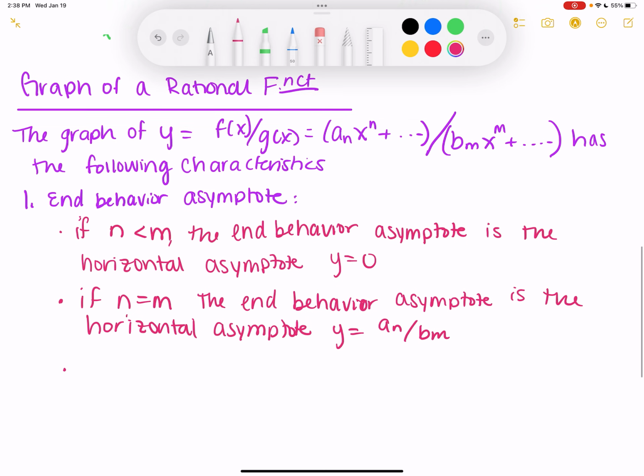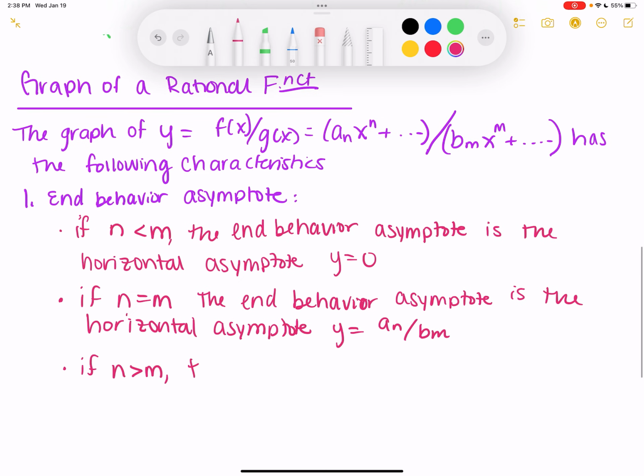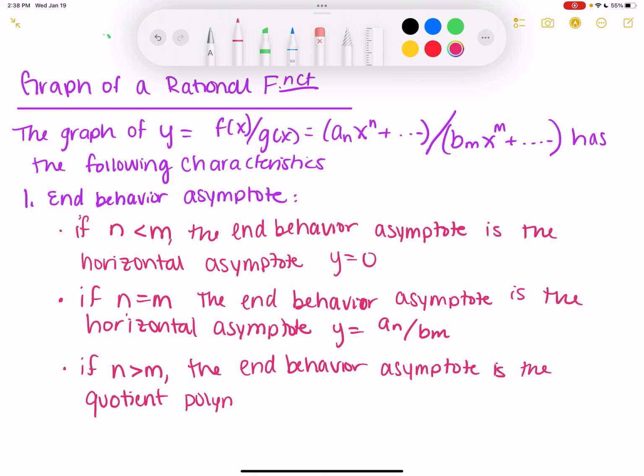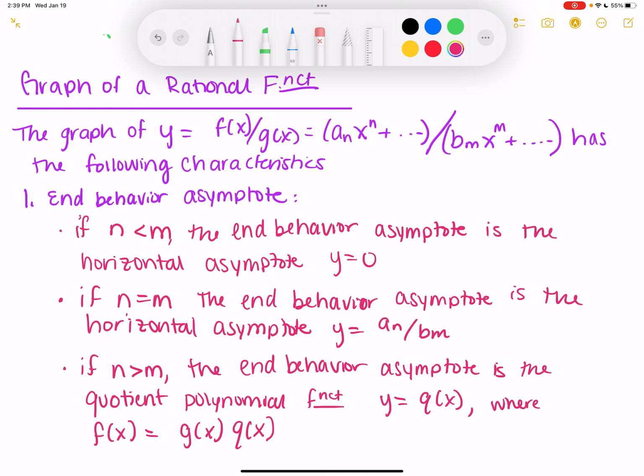And then the one that I was just trying to write: if n is greater than m, the end behavior asymptote is the quotient polynomial function y is equal to q of x, where f of x is equal to g of x times q of x plus r of x.